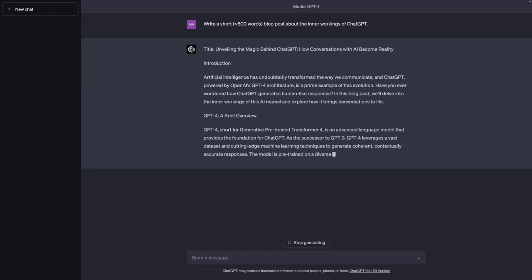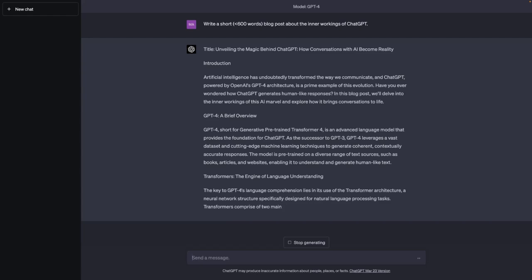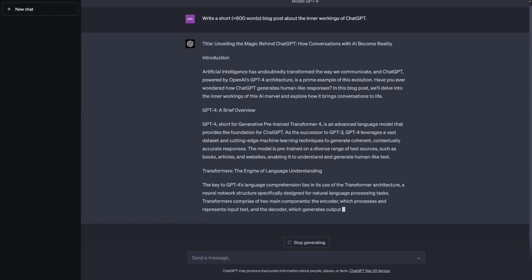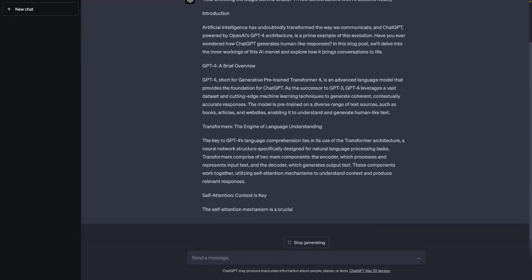So based on the user input and all the words it generated up to this word it's currently predicting. It's all about word prediction, but because of the complexity of these GPT models, it's able to predict these words really well, and it's able to produce complex output and complex text like this one here.